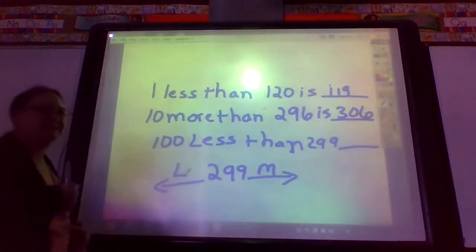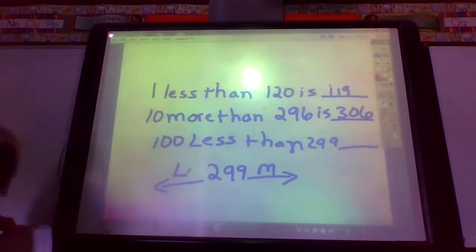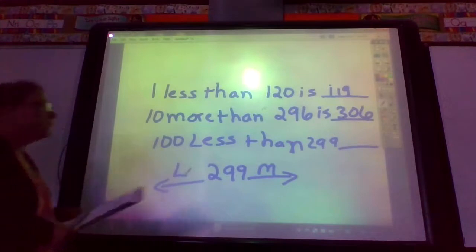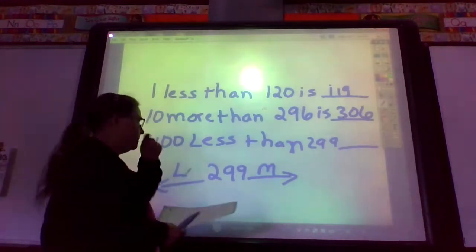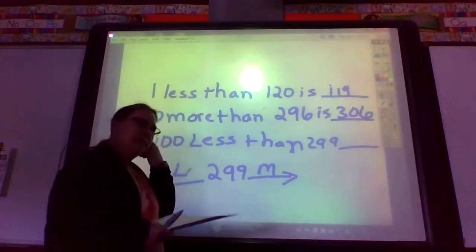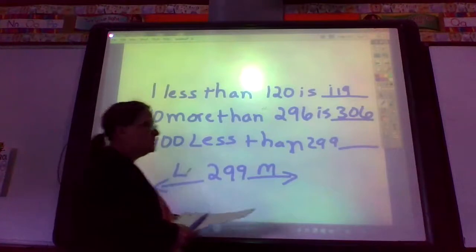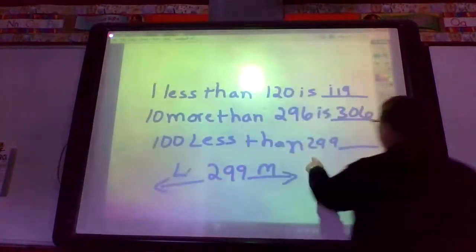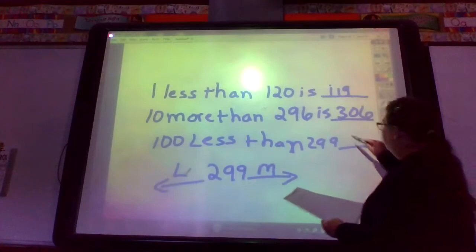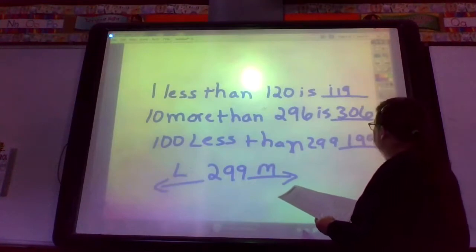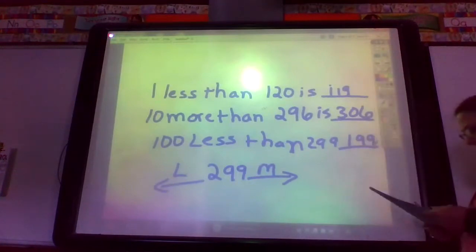So it's less. We're doing less. 100 less. Well, I'm really only going to change what number? I'm going to change my hundreds. If I counted by hundreds, I could count backwards. So if I change this by 1 less, I've got 199.